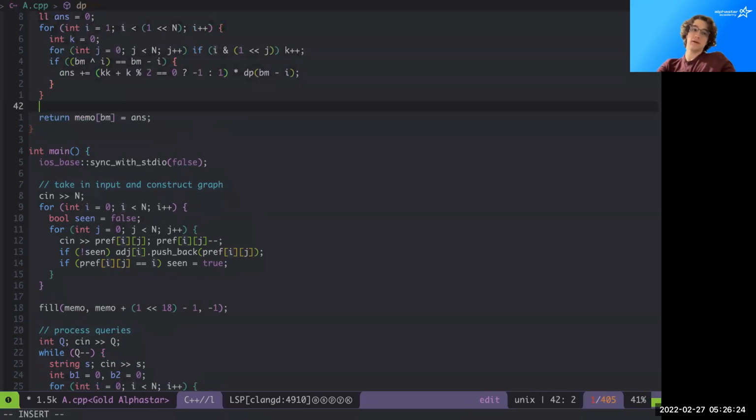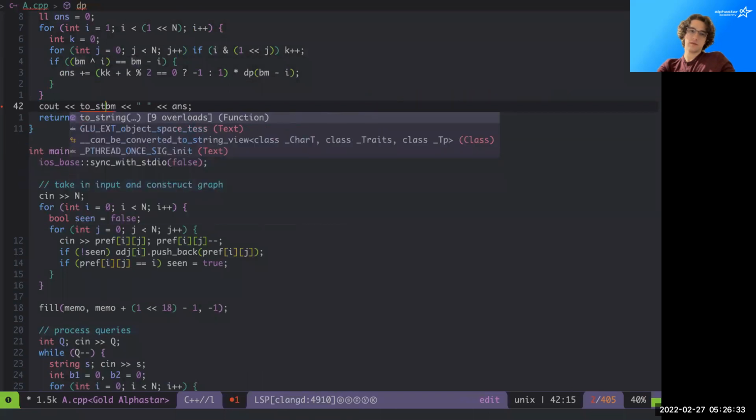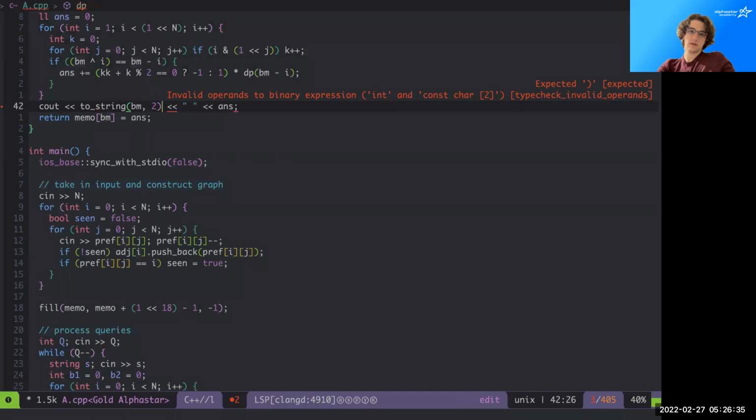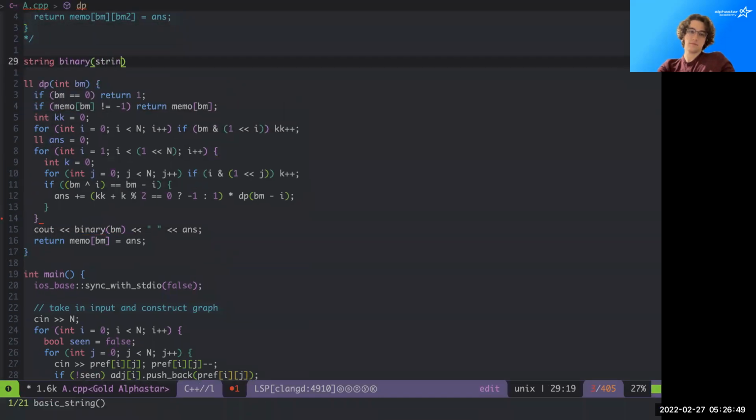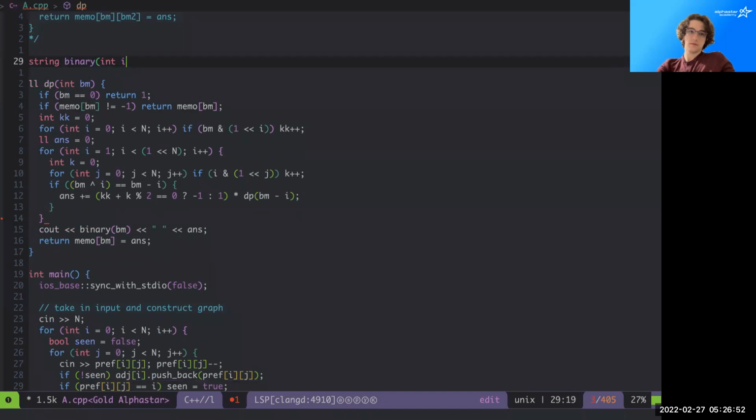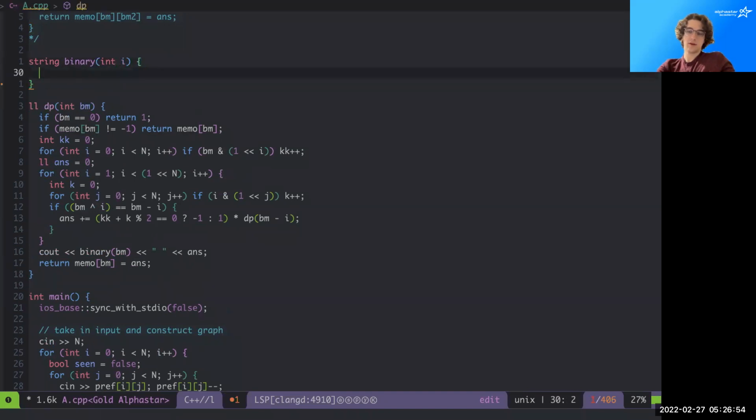Maybe it'd be useful to print out. I forgot, does to-string take binary? Or the way from binary, so that doesn't really matter.